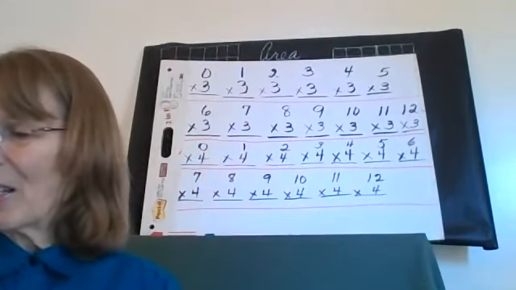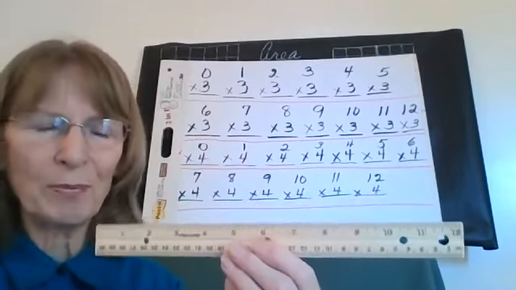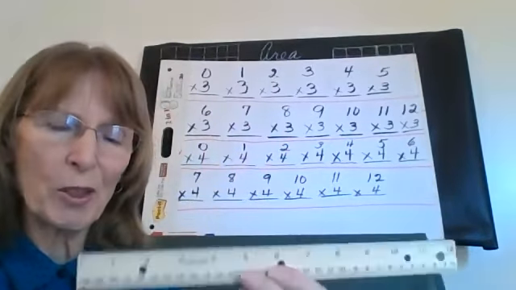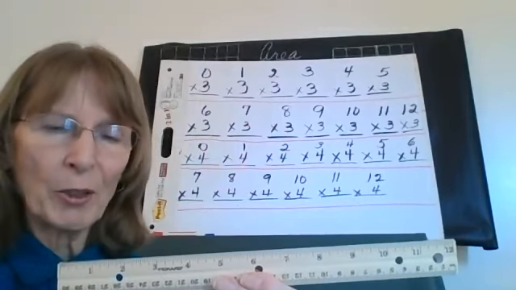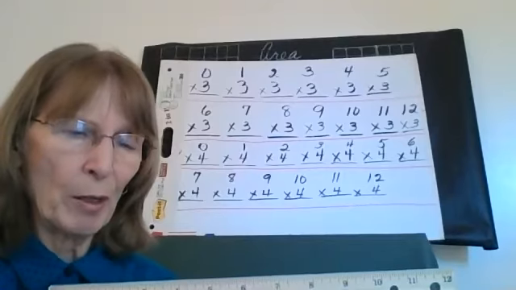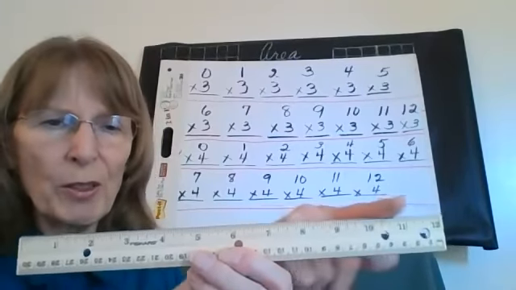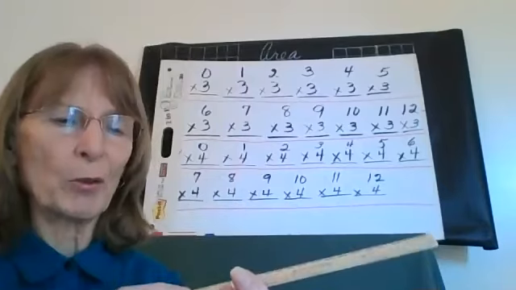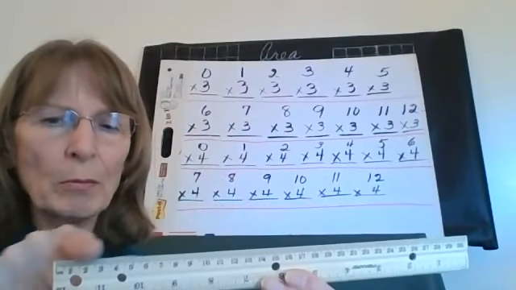Okay, I want to remind you about the ruler. In the next few lessons, there's going to be some measuring, and you need to always be careful and read carefully when you're measuring. Do they want you to measure in inches, or do they want you to measure in centimeters?